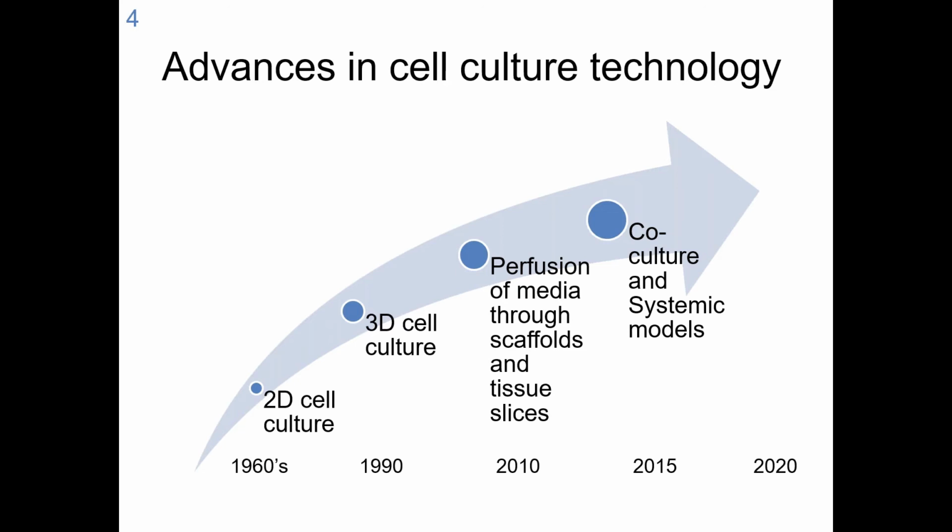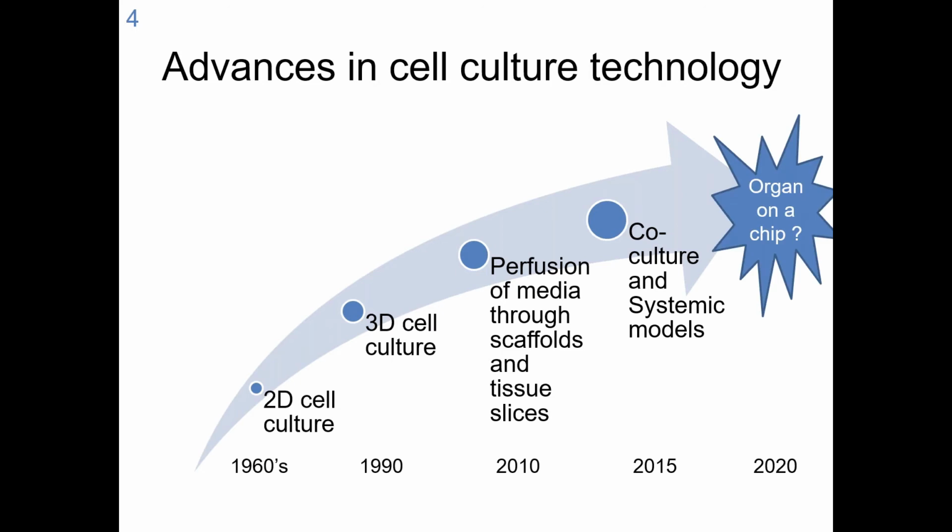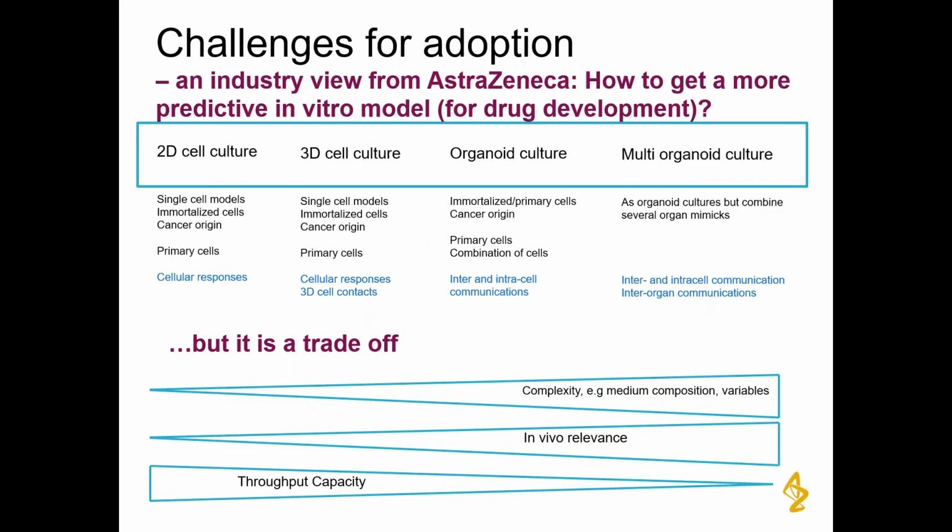And of course, the excitement at the moment is about organ on a chip. Can we actually build organs on a chip or humans on a chip? But I'm not going to talk about that today, although it is a particular subject of interest for me.